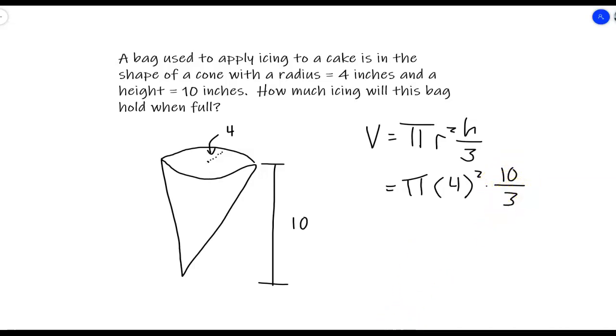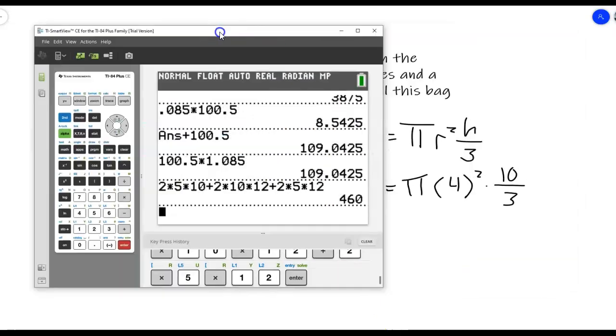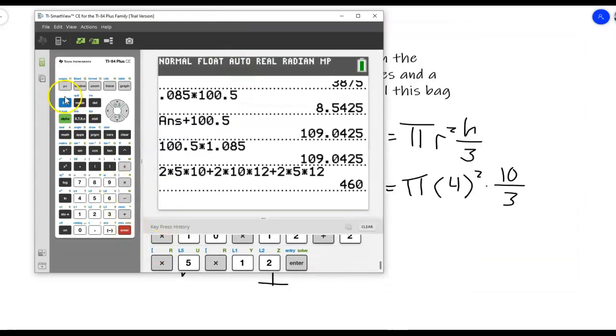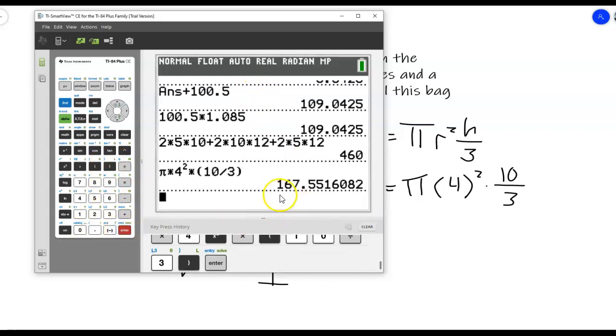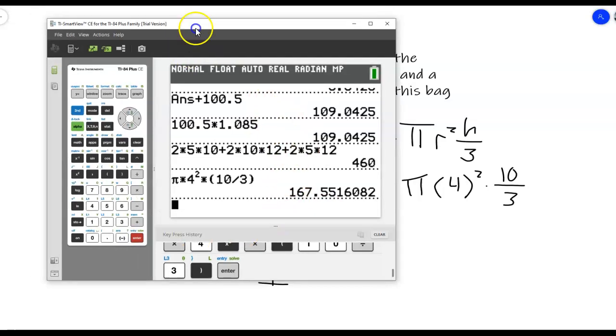And now let's use our calculator here. So I'm going to get pi, which is this key right here, times 4 squared, times, and since I'm multiplying by a fraction, I'm going to put that fraction in parentheses to make sure it does the correct order of operations. So open parentheses, 10 divided by 3. And we get about 167.